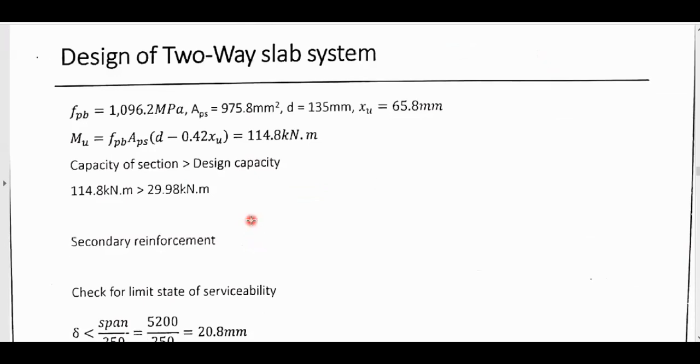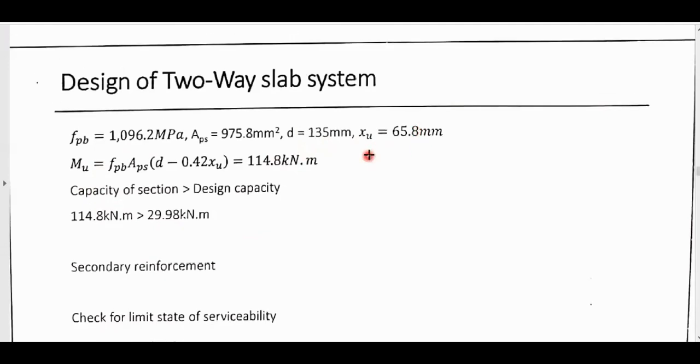As I said, we need to calculate it for the two different spans. So here are the calculations for MU. I am going to calculate for the shorter span: 135 mm is the depth, 65.8 mm is the XU value, APS is 975.8, and we have the FPB value calculated.